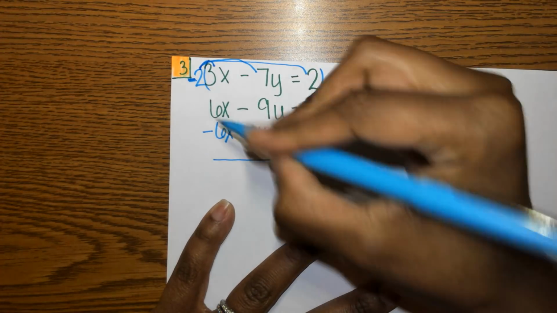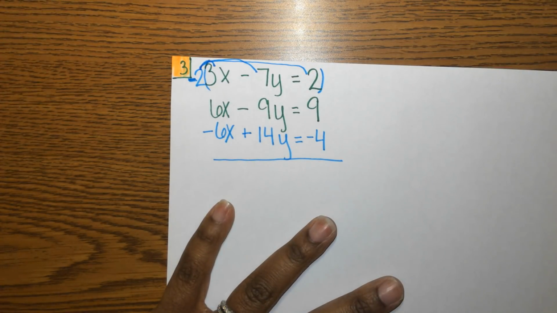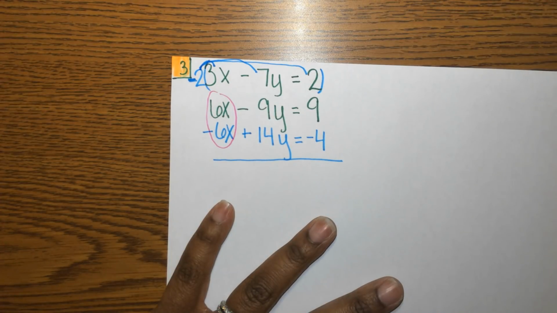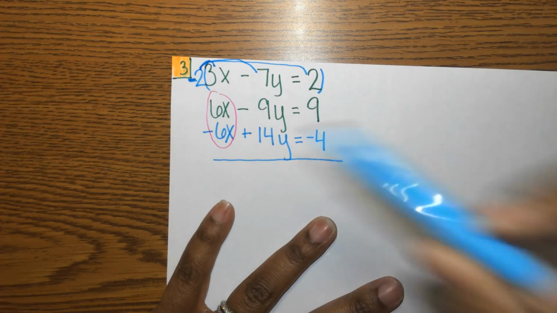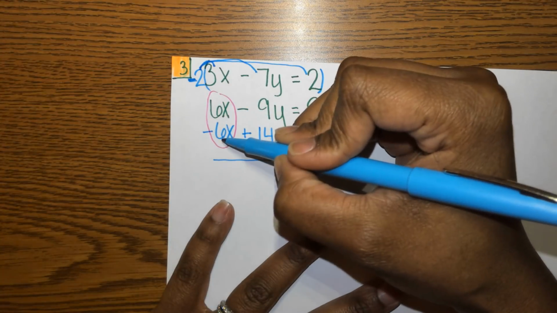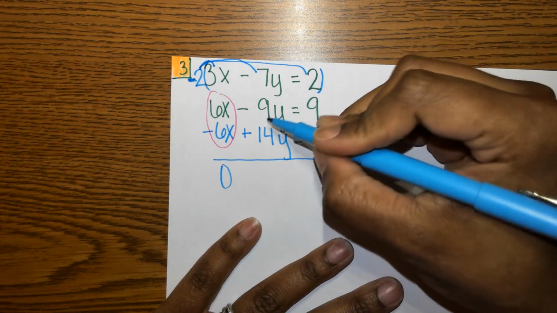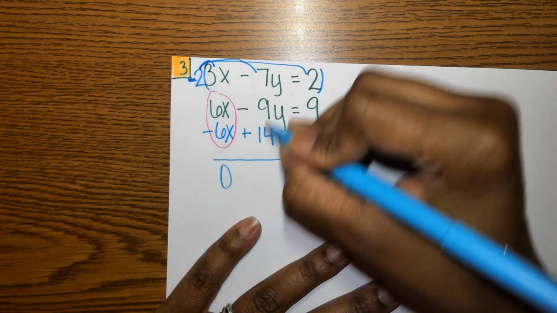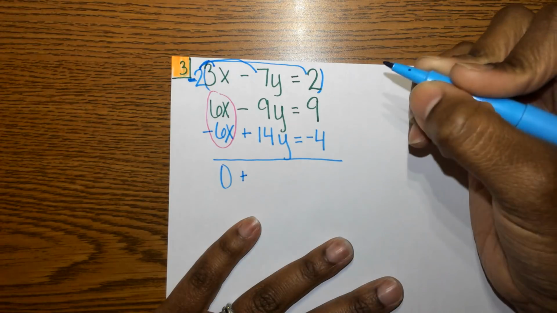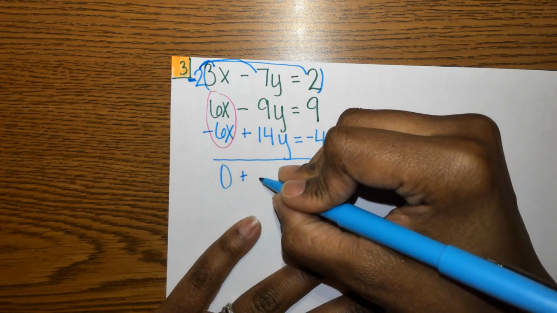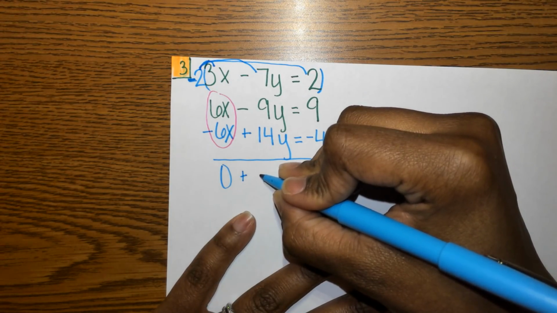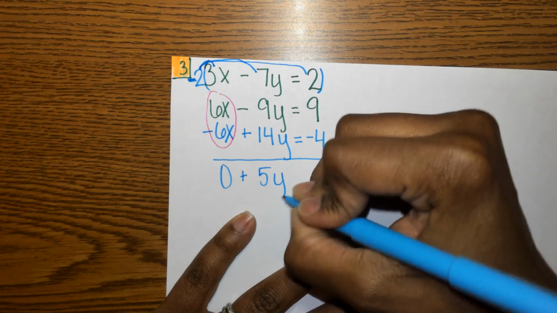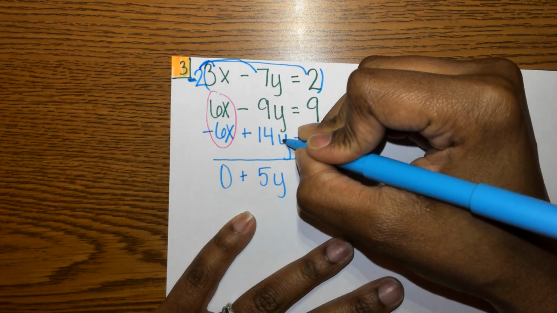So now I've got my 0 pairs here. I've got my 0 pairs with positive and negative 6x, so I can cancel out those two when I add them together. So 6x plus negative 6x gives me 0. Then negative 9y plus 14y is going to give me a positive 5y, because remember, different signs, so you subtract.